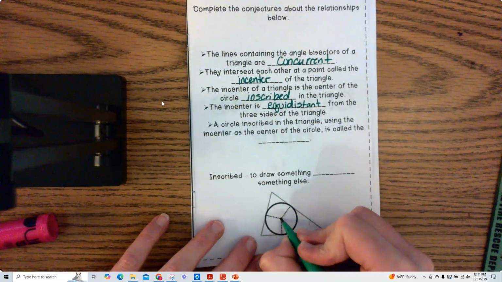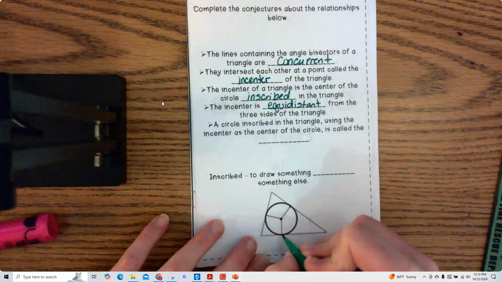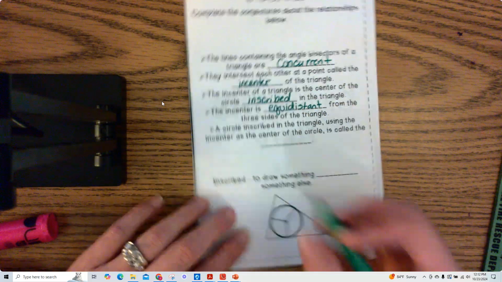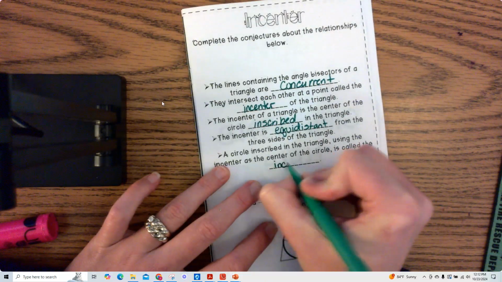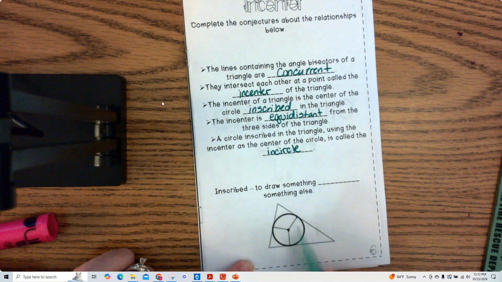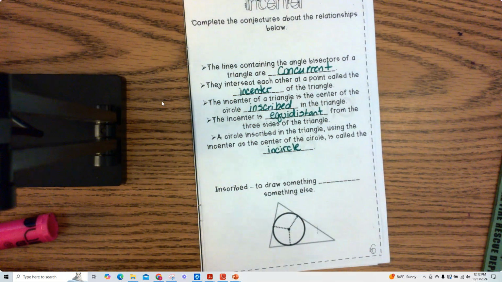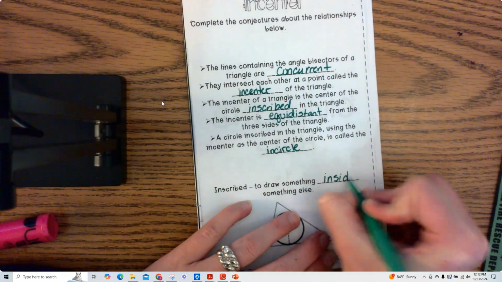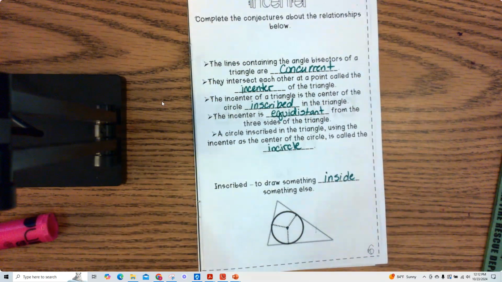So from that incenter, the distance to each side is the same. And then a circle inscribed in the triangle using the incenter as the center of the circle is called the incircle. So that first circle that we drew on that first page is called the incircle. And then inscribed again is to draw something inside something else.